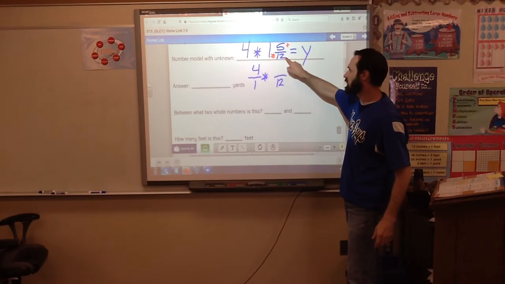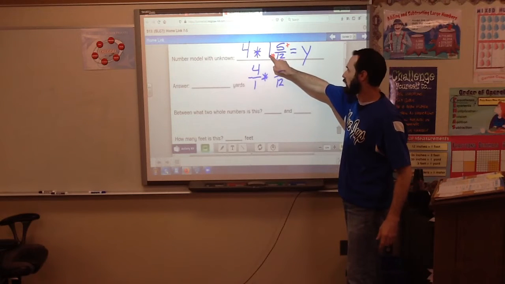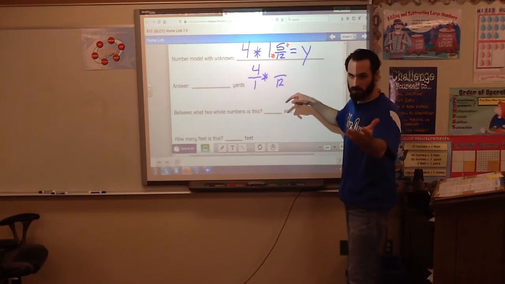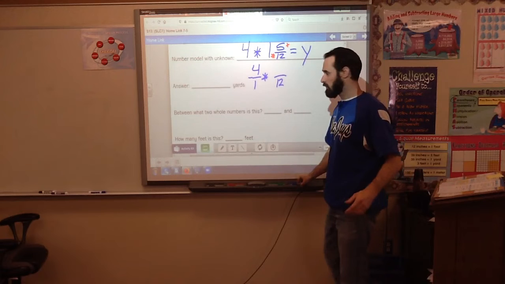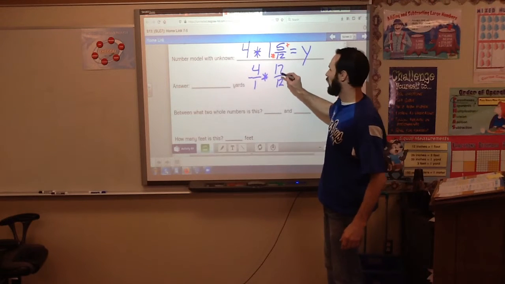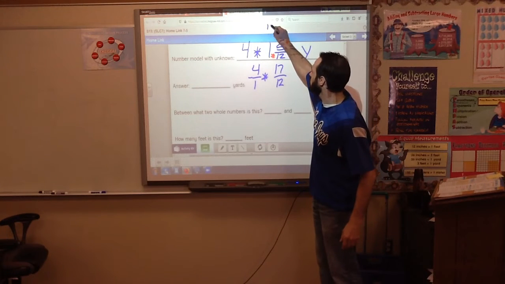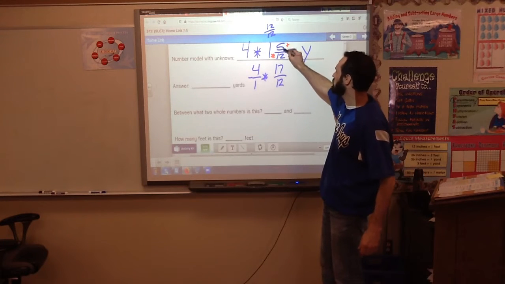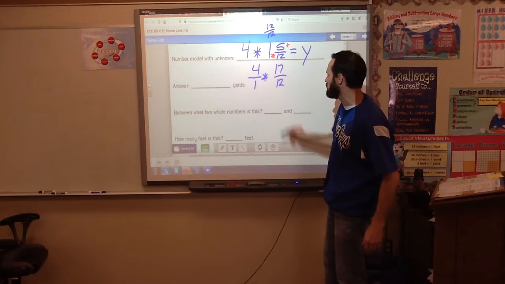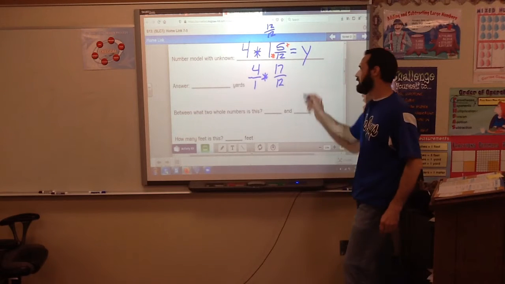Whole number times denominator plus numerator. 1 times 12, 12 plus 5. 12 plus 5 is 17. Why that works is, remember this one whole is equivalent to 12 twelfths, and we have 5 twelfths here, so 12 twelfths plus 5 twelfths is 17 twelfths.